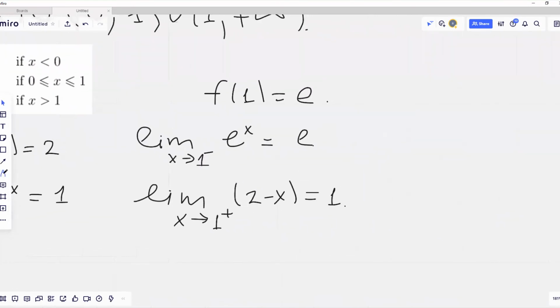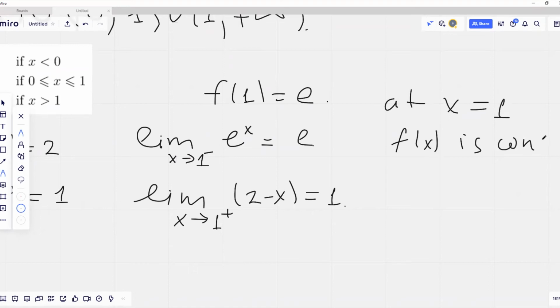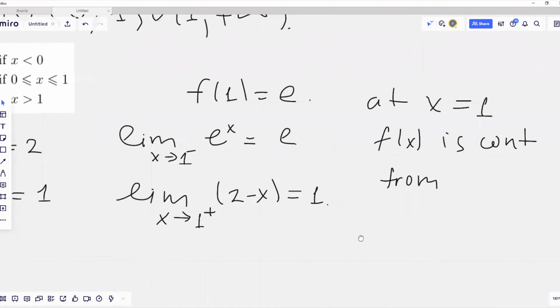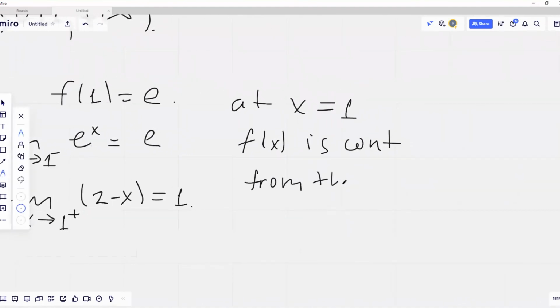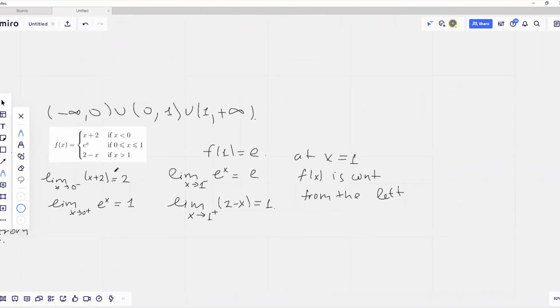So at point x is equal to 1, our function is continuous from the left. All right.